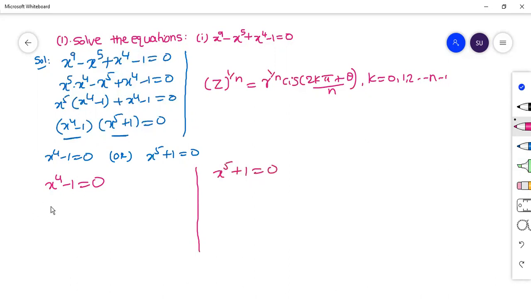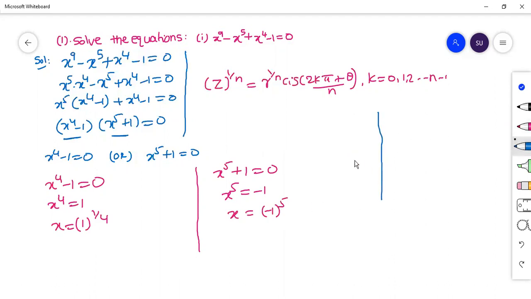x^4, so can I write it as x^4 = 1? That means x is equal to 1 whole power 1/4, whereas here x^5 = -1, x is equal to -1 whole power 1/5. Now let us see the arguments. When the point is (1, 0), then theta is equal to 0.